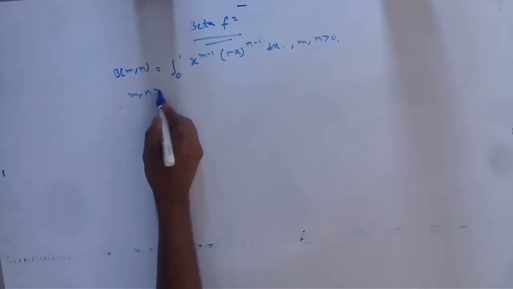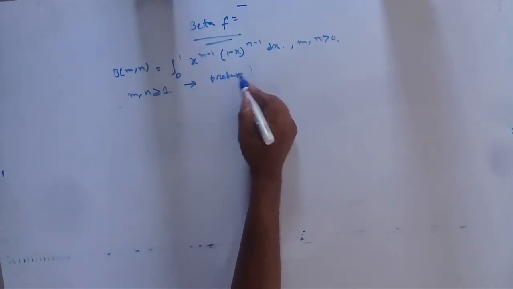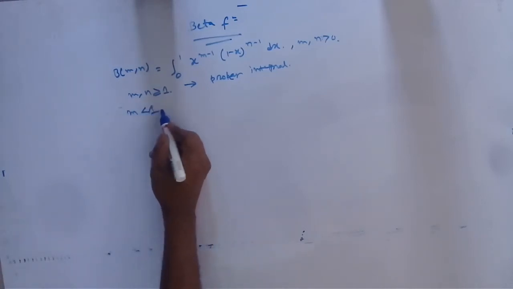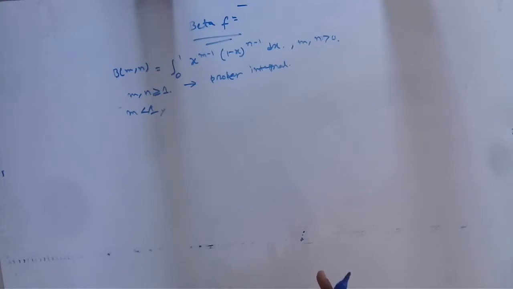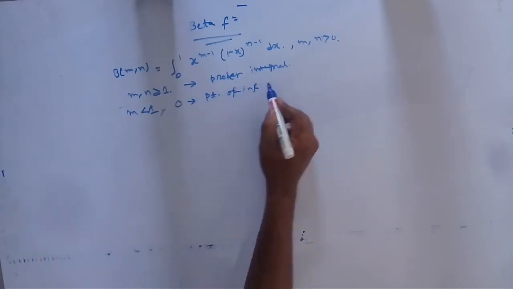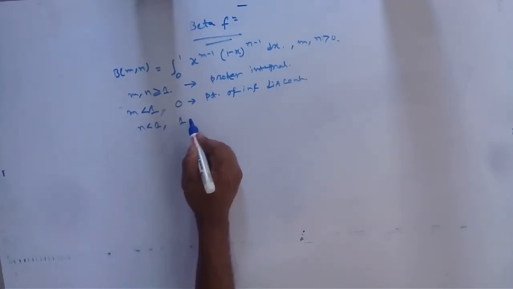But if m is less than 1, then 0 will be a point of infinite discontinuity, and if n is less than 1, then 1 will be a point of infinite discontinuity.